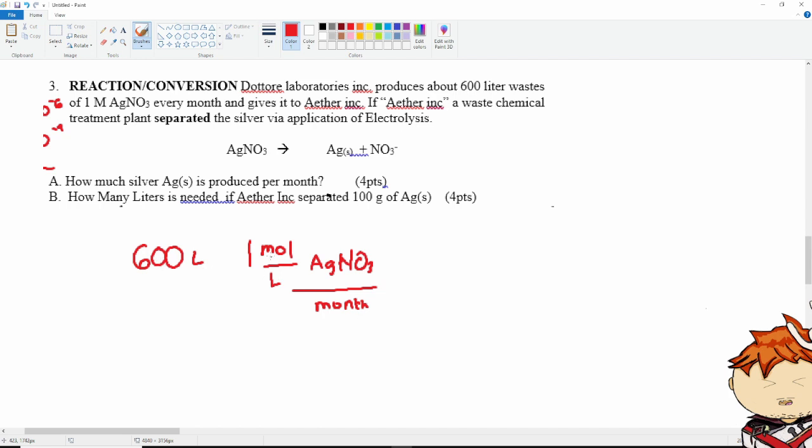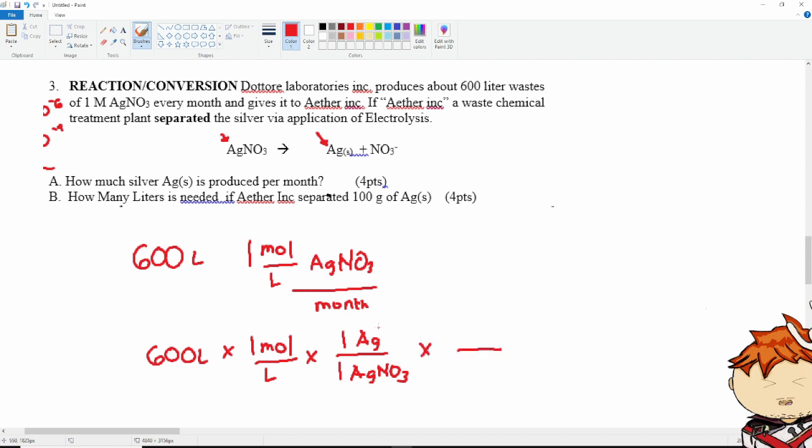So let's just convert this to mass, right? 600 liters times 1 mole per liter. And we know that silver is 1:1 to silver nitrate. So 1 AgNO3 is 1 silver. One reaction of silver nitrate produces 1 silver.